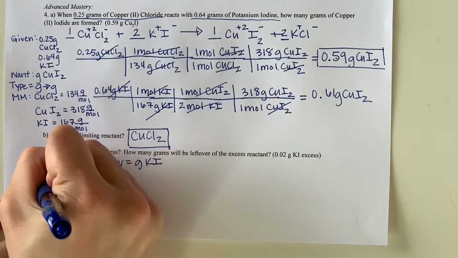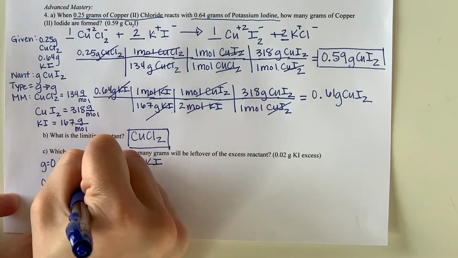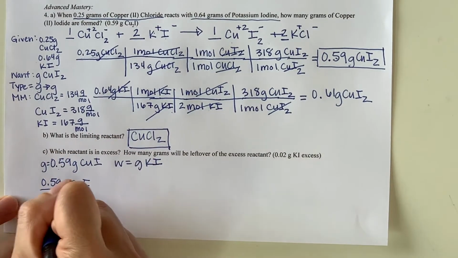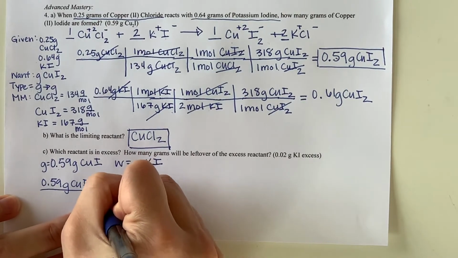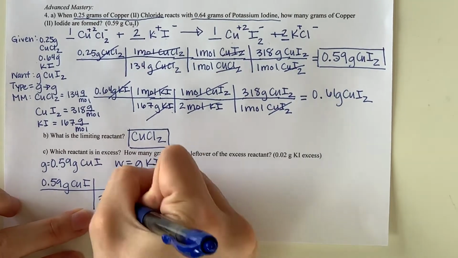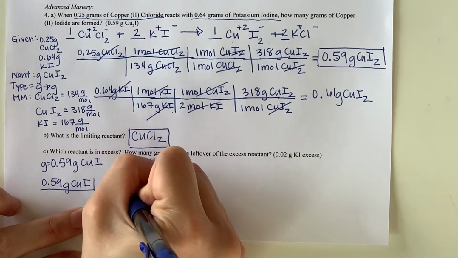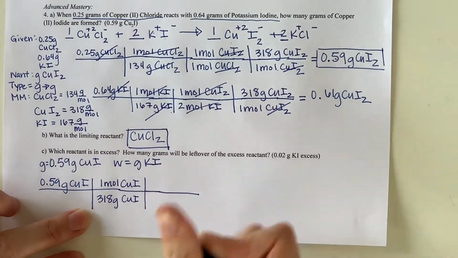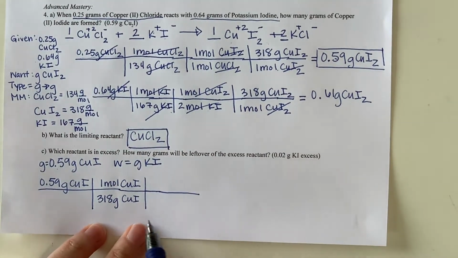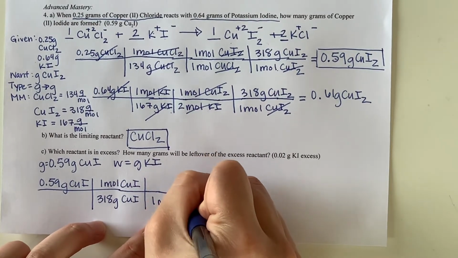Okay, so same situation, 0.59 grams CuI. Molar mass CuI. I did all these before. It's nice I don't have to redo my math. Still my mole ratio, 1 mole CuI.